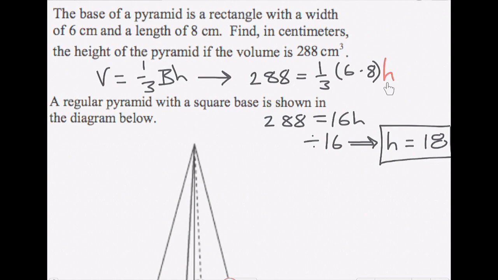And that leaves me with one variable left to figure out, the height, which you may have named H, or you might have called it X. So you just have to solve this equation. 1/3 of 6 is 2. 2 times 8 is 16. So very quickly the equation becomes 288 equals 16H. Dividing by 16 gives me a height of 18 for my answer. On to the next one.